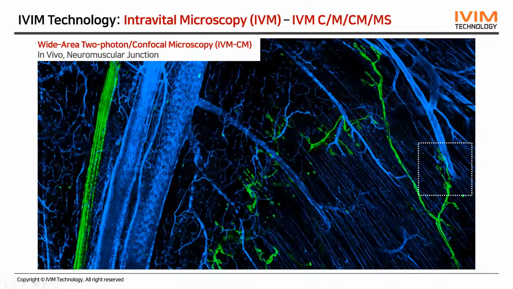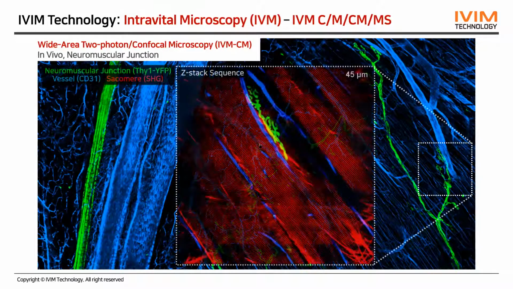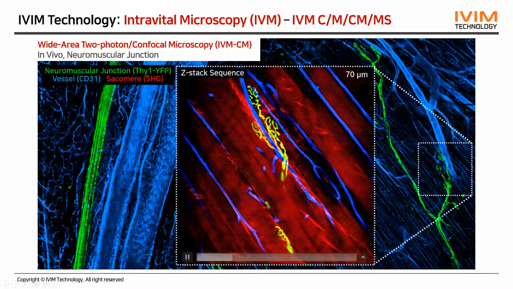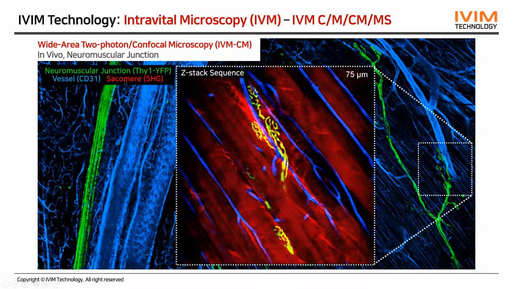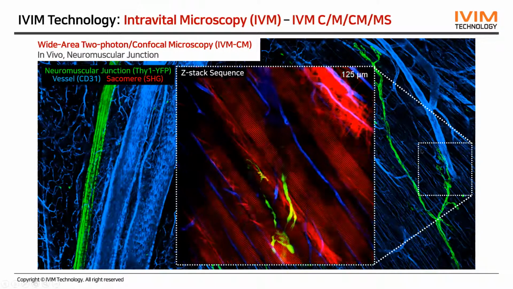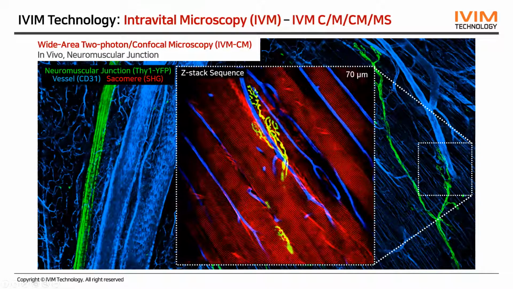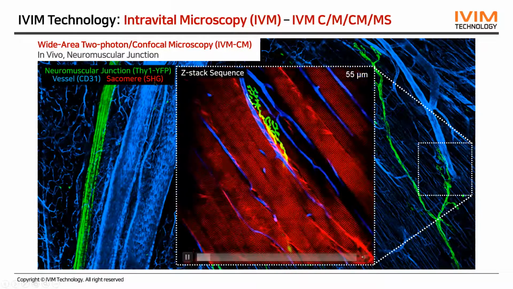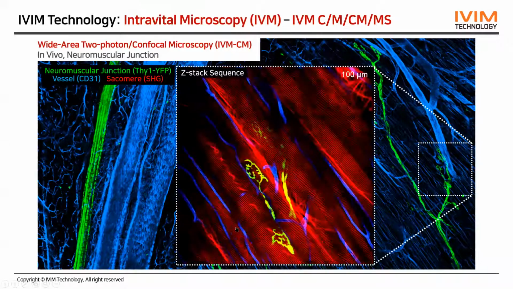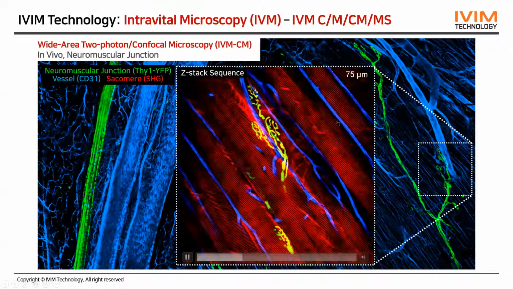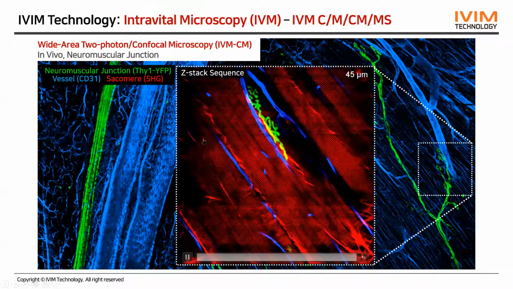In this example, what we are looking at is the Thy1-YFP, so it's the neuromuscular junctions in the muscle of the live animal model. Also, second harmonic generation signal can be generated from the collagen fibers, like these striae, this collagen fiber.